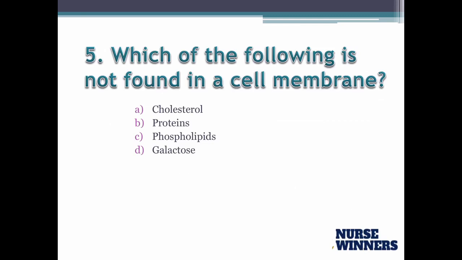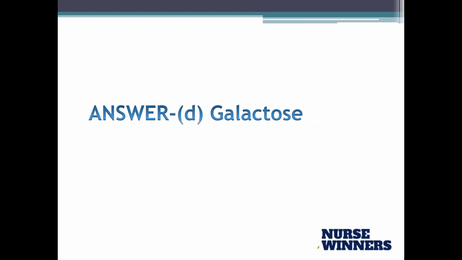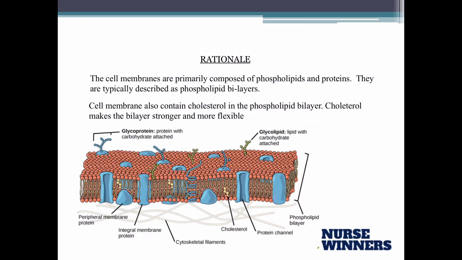Fifth question. Which of the following is not found in a cell membrane? Options: A. Cholesterol, B. Proteins, C. Phospholipids, and D. Galactose. The right answer is option D. Galactose. Rationale. The cell membranes are primarily composed of phospholipids and proteins.